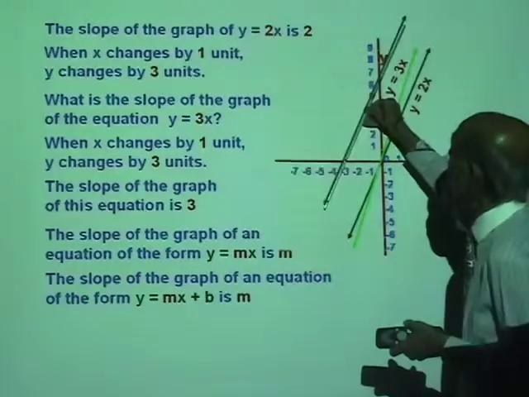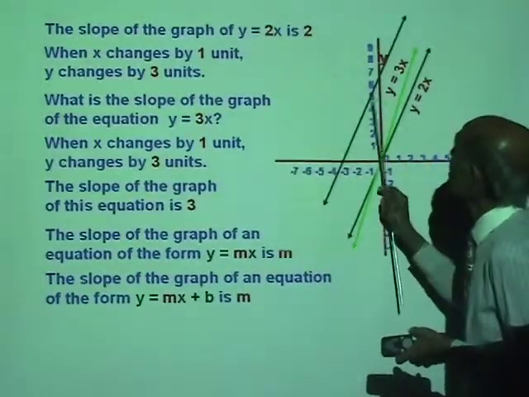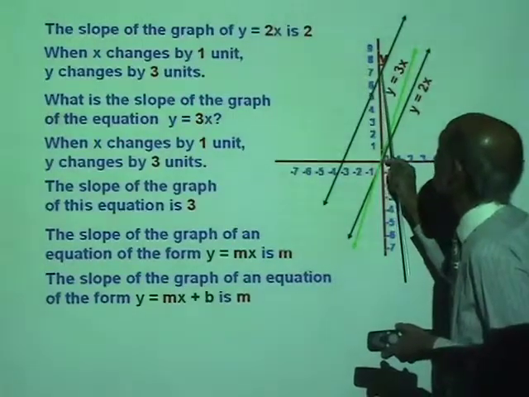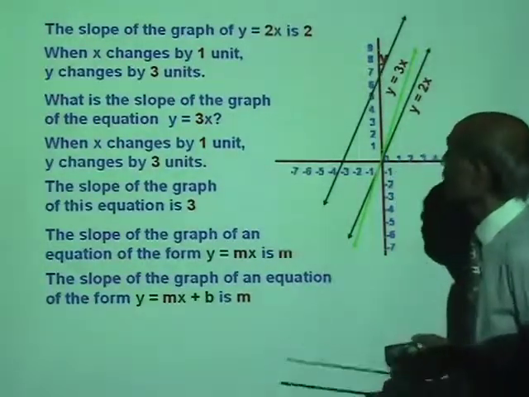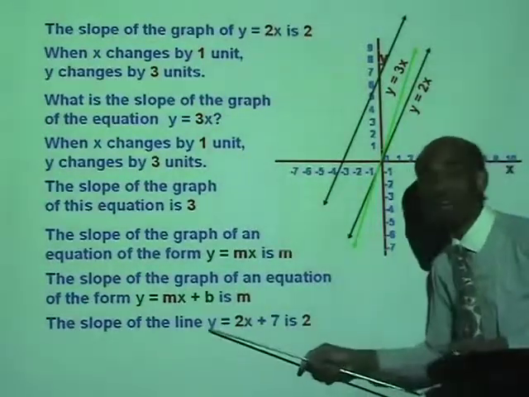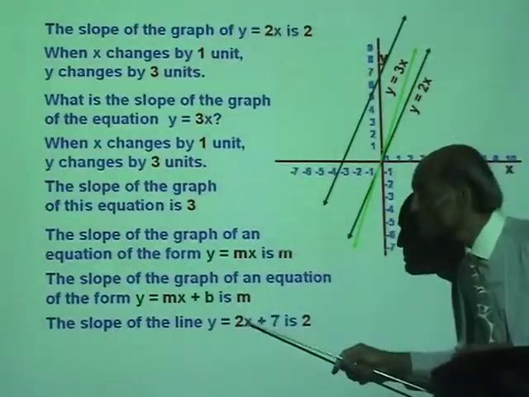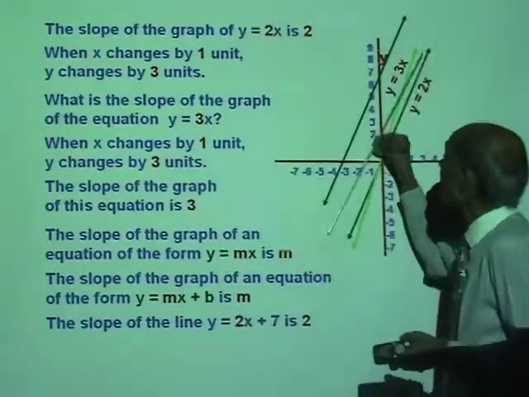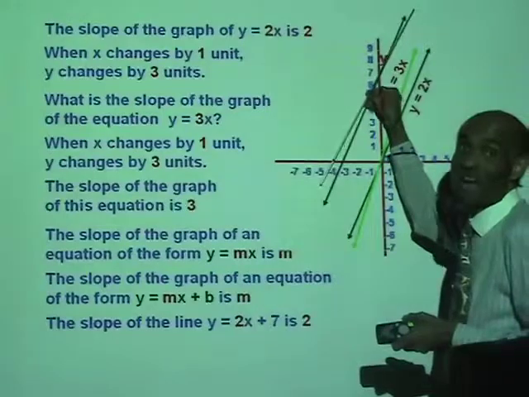These two have the same slope, but this line is raised up by 7 units. Therefore, I can write the equation as y equal to 2x plus 7.